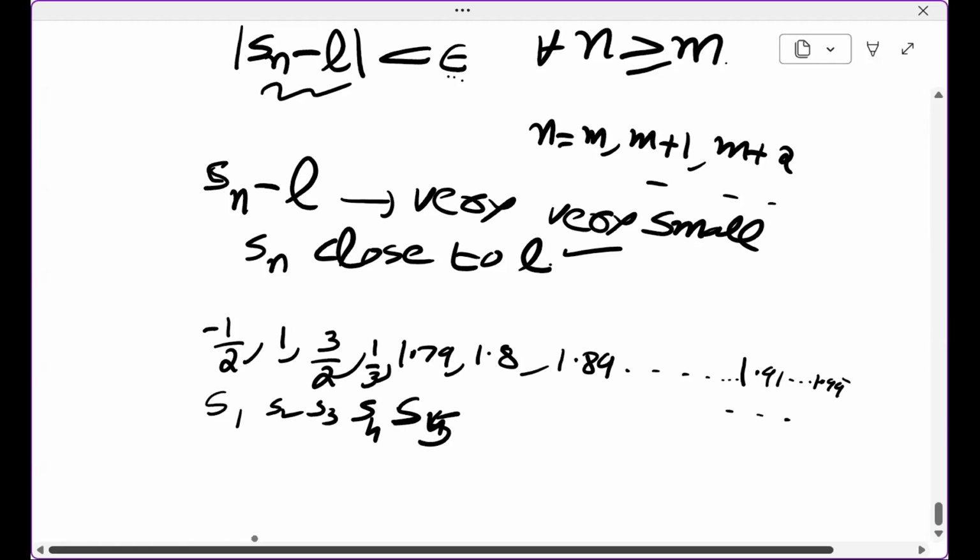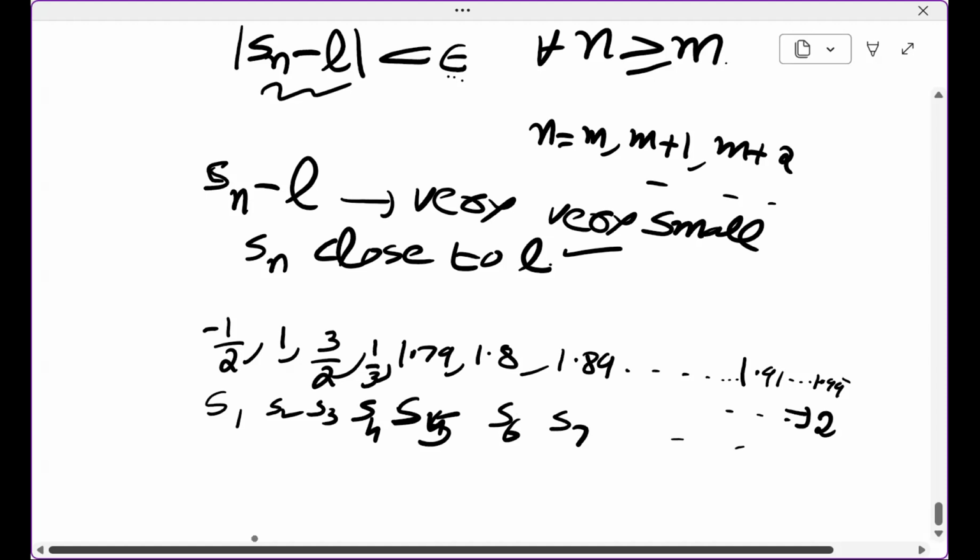So after a certain number, it is moving towards a fixed number. What is that number? It is moving towards 2. As you can see, 1.999 recurring, it is getting close to 2.